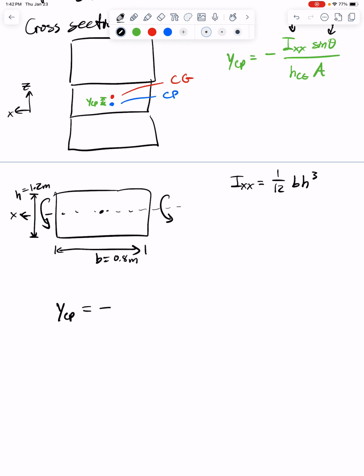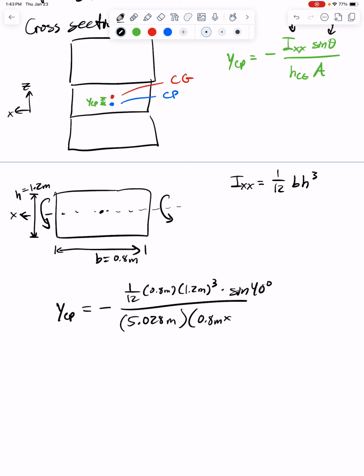So negative 1/12 times base, 0.8 meters, times height cubed, 1.2 meters cubed, times sine of 40 for the inclination angle, divided by 5.028 meters. Once again, height of fluid column above your centroid, times cross-sectional area, so 0.8 meters times 1.2 meters.